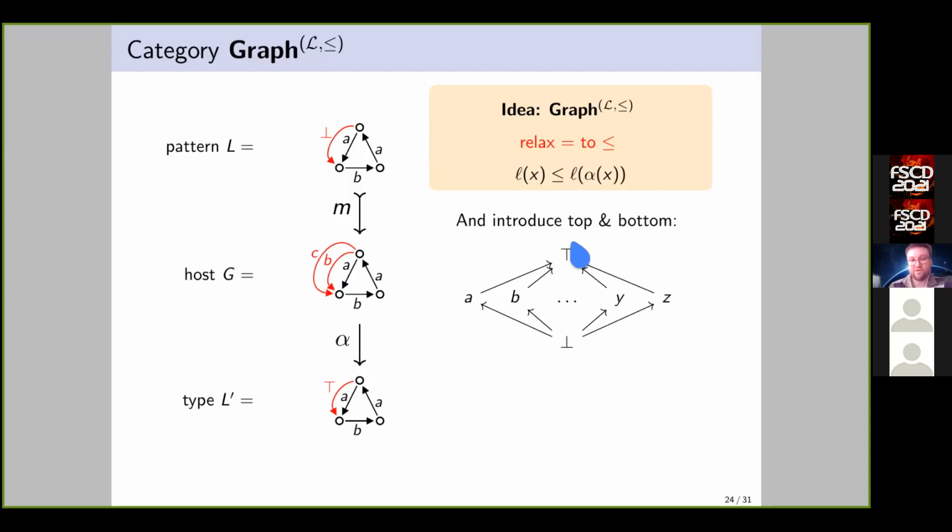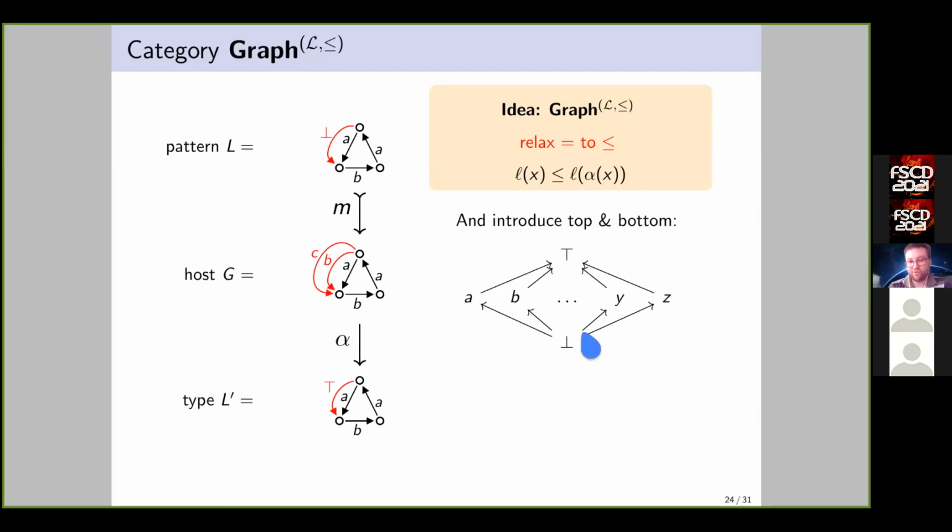And the top element can serve as the target of any mapping. So we can map B onto top and C onto top. So the bottom can serve as a wildcard in our pattern L, and the top can serve as a wildcard in our type graph L prime.